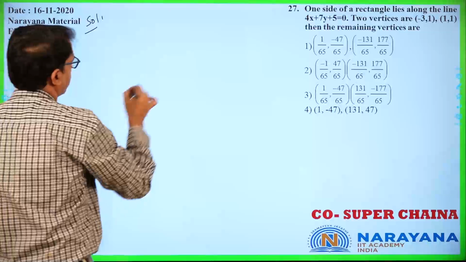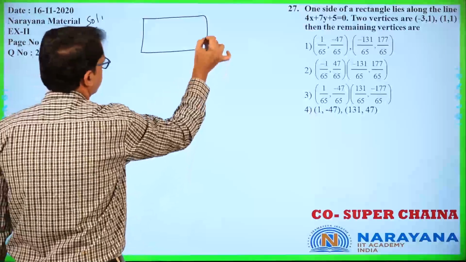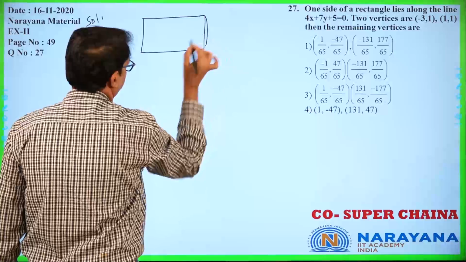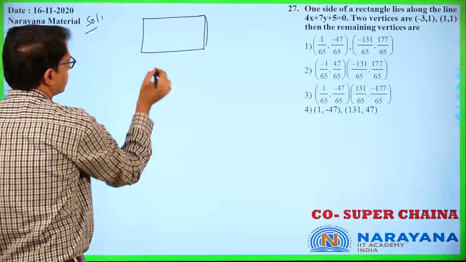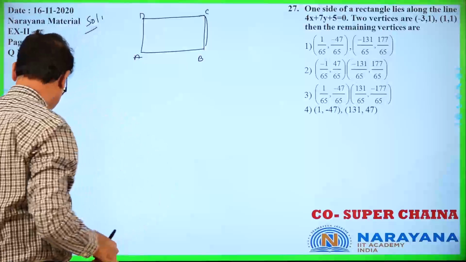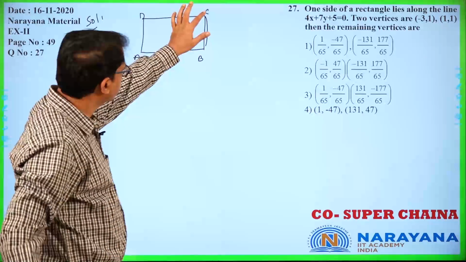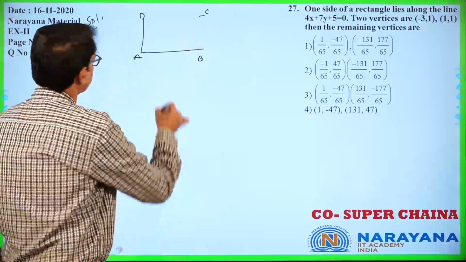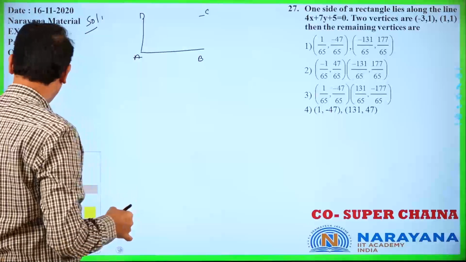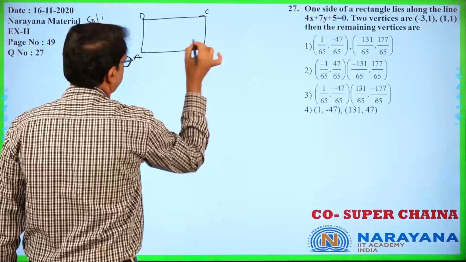If you take this is a rectangle, one side is given, say the rectangle A, B, C, D. Here one side is given and two vertices are given.